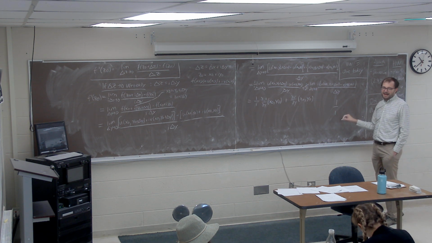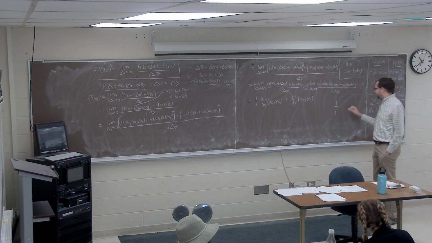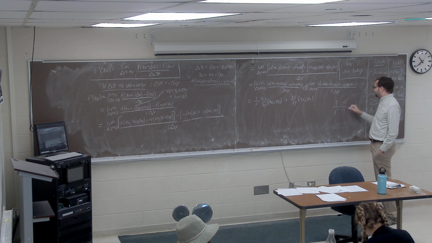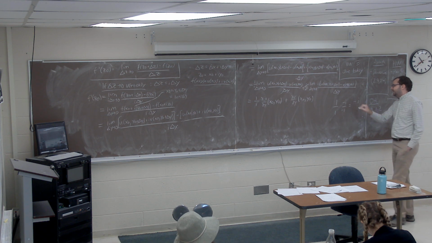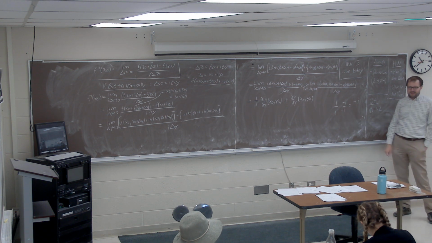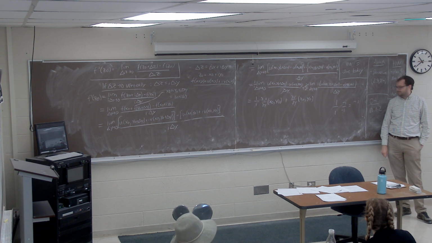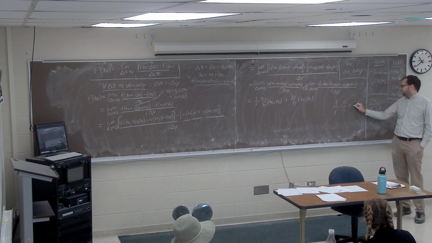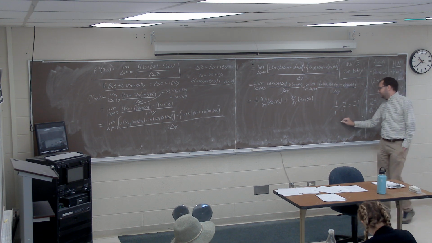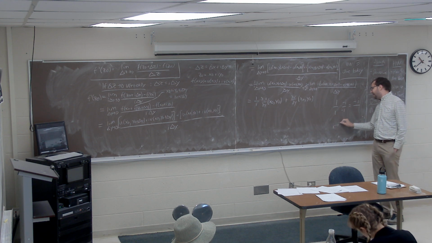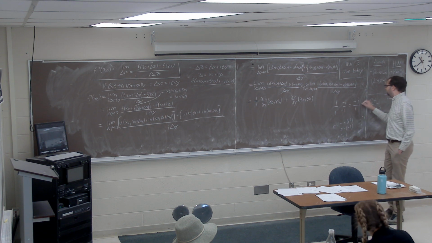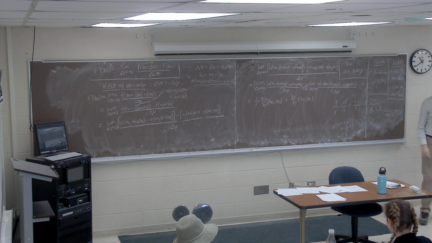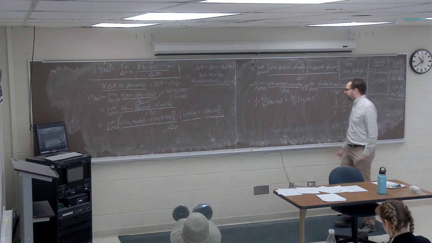What's the conjugate of i? Negative i. So in the numerator, we'll get a negative i. What's i times negative i? Yeah, because you can write i times negative i as being the negative of i squared, which is negative 1. And the whole thing comes out to negative i.